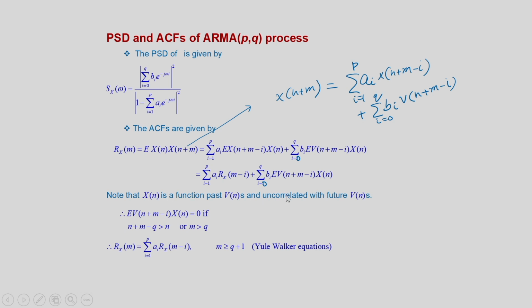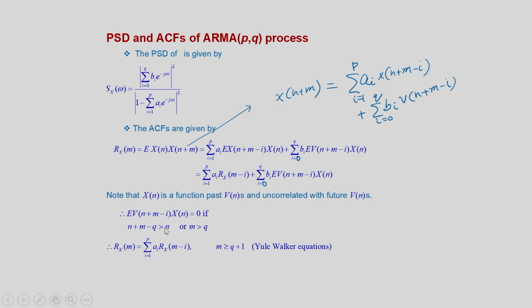So, x[n] is uncorrelated with future v[n], for example v[n plus 1], v[n plus 2], etc., because x[n] is generated due to the earlier v[n]'s. So, we can write E of v[n plus m minus i] into x[n] equal to 0 if n plus m minus q is greater than n.